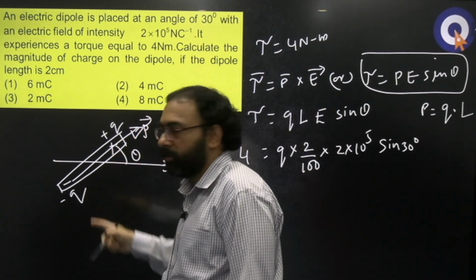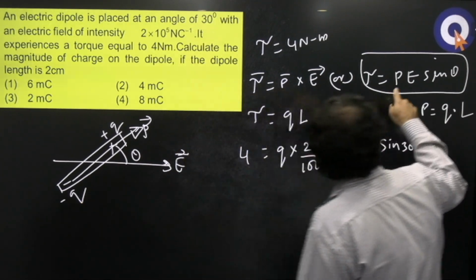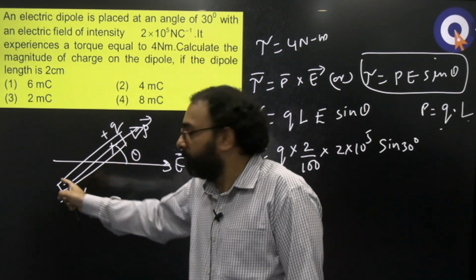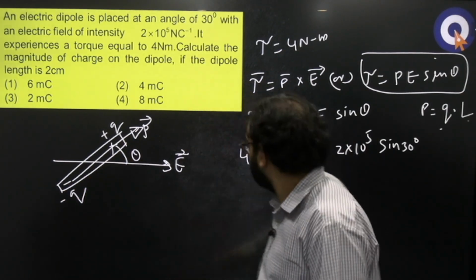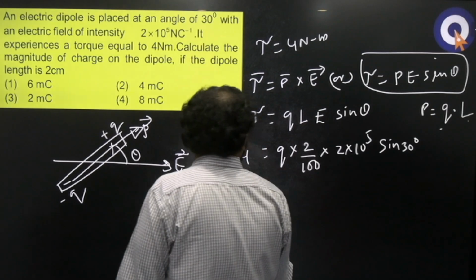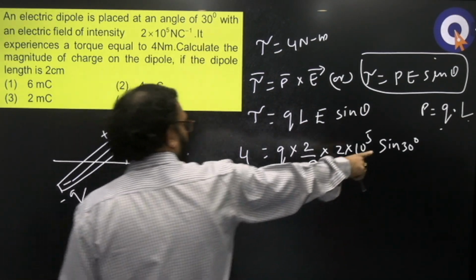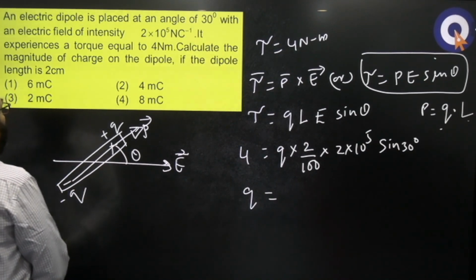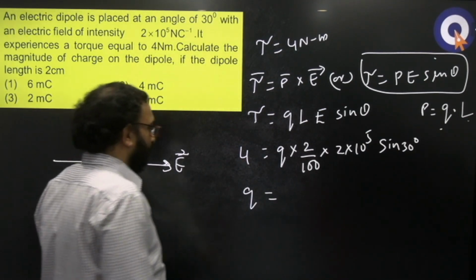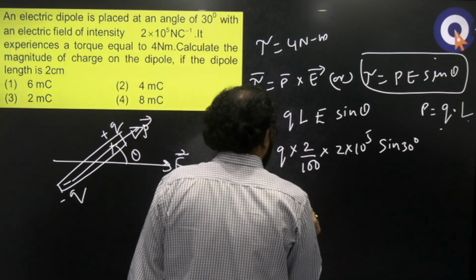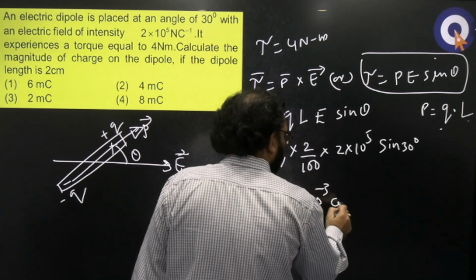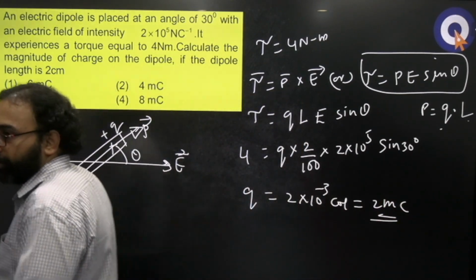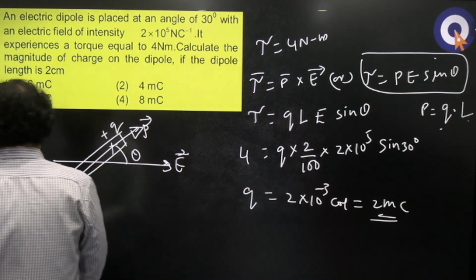So you can calculate the charge Q. Sin 30 is 1 by 2. Like this you can find, and finally you will get the charge as 2 millicoulomb.